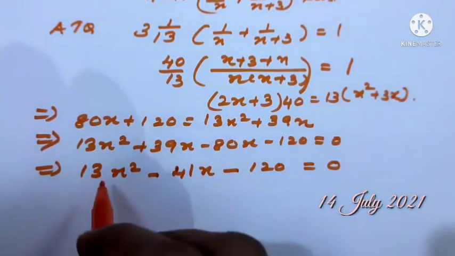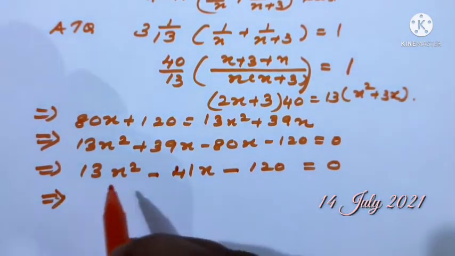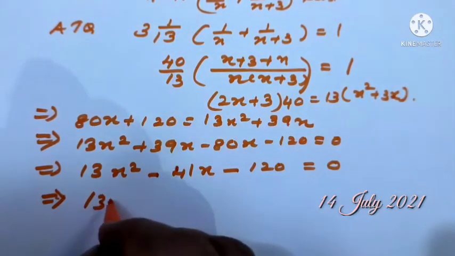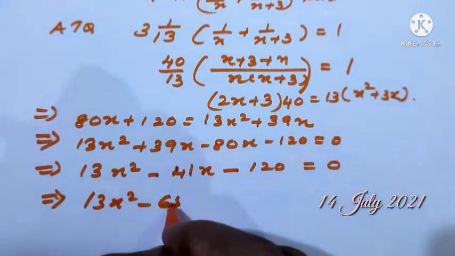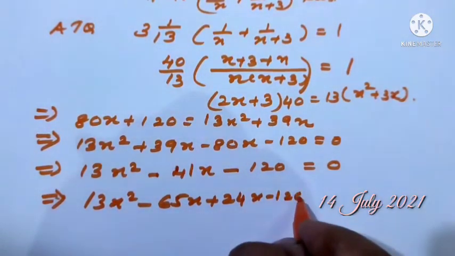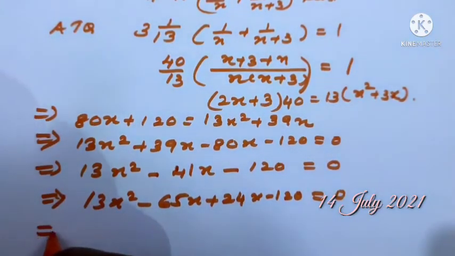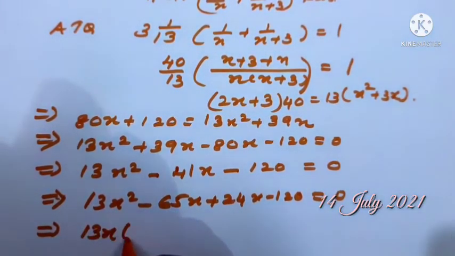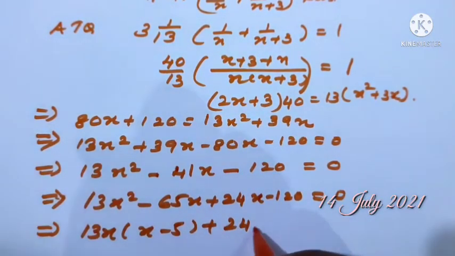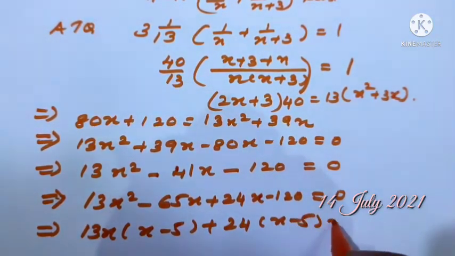So as usual, the factorization we can go, or quadratic formula we can go. So I will do directly 13x square minus 65x plus 24x minus 120 equal to 0. So what is common here? 13x minus 5 plus 24 common, again x minus 5 equal to 0.